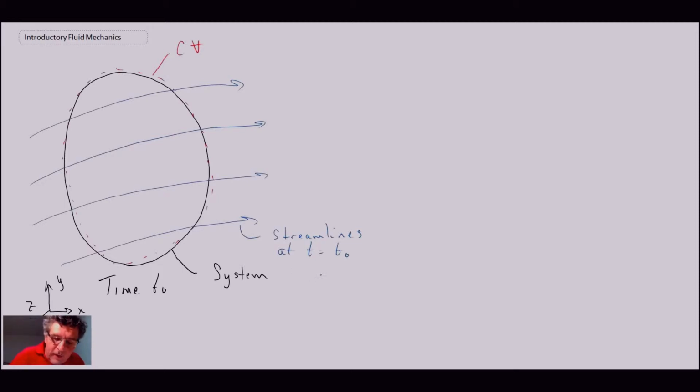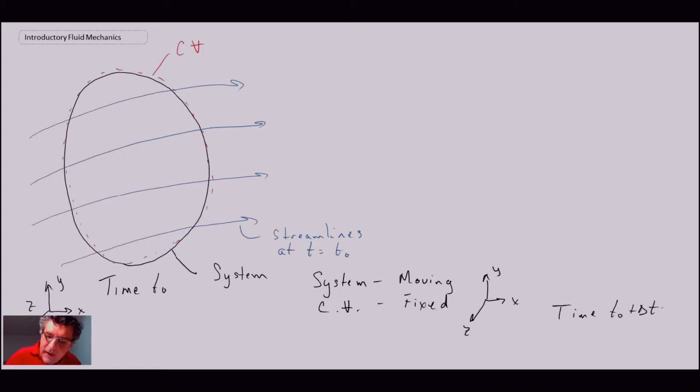But the system is moving and the control volume is fixed in space, so it is not moving. Now we're going to redraw this at a later point in time, time t0 plus delta t. We want to see what has happened to the system and the control volume. We know the control volume is going to be fixed, but the system will have moved off to the right. So let's resketch that and take a look at what it looks like.